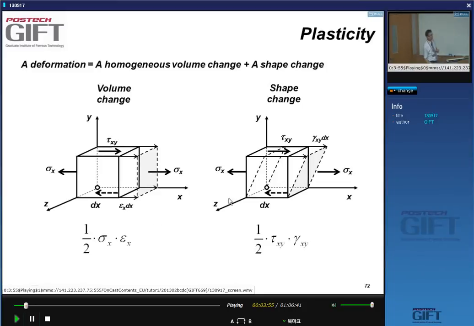And if I now do a shape change of this cube, I just shear it a little bit in the x direction using this shear stress Txy. This is the work that I have to provide. In the first case, I clearly have a volume change. In this case, I don't have a volume change, but I have a shape change.